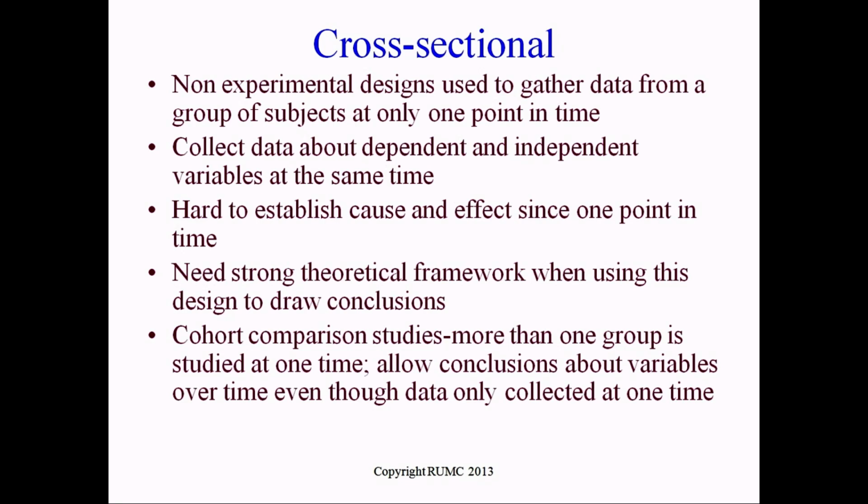Another form of this cross-sectional is the cohort comparison studies. An example of a cross-sectional design is adolescent self-efficacy and condom use. One-time snapshot: what are the dependent and independent variables on that?